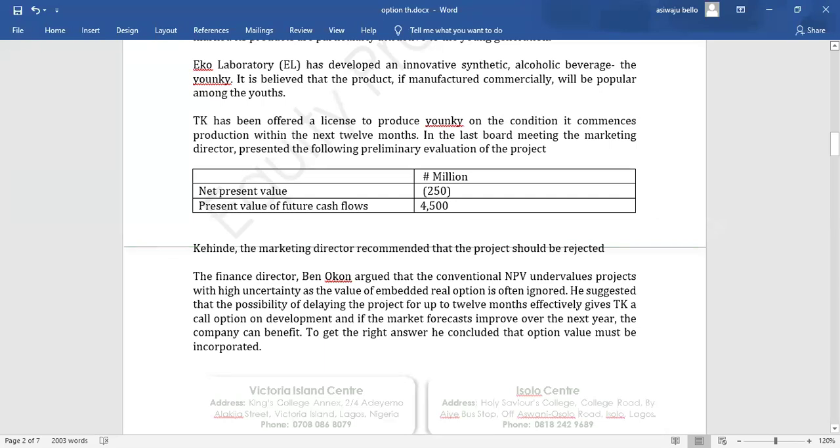If you commence the project in year 0, we are going to have negative NPV of 250 million. But we have an option to delay the project for 1 year and commence after 1 year. We can now take options available to us to delay the project.